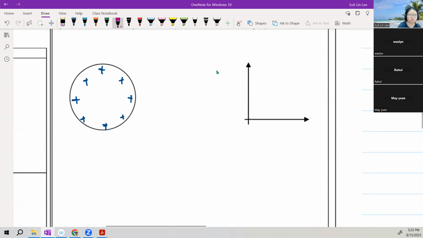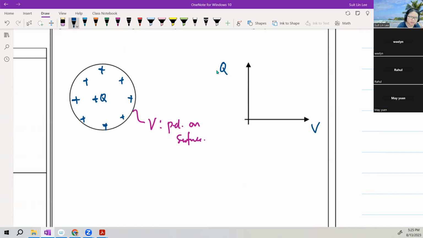And then if I put a voltmeter here to measure V, which is the potential difference on the surface, again, the charge stored here is positive Q. If I plot Q against V, I'm going to get this shape. So let's say Q is equal to CV, and V is the potential difference on the surface.